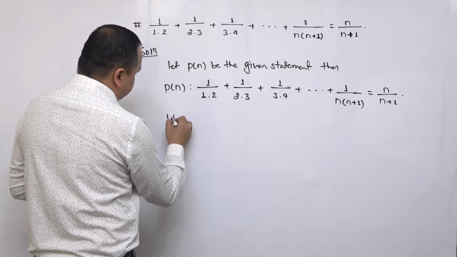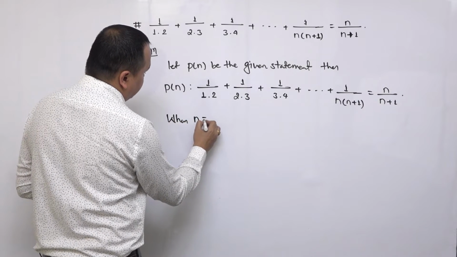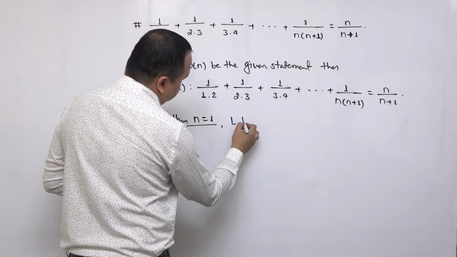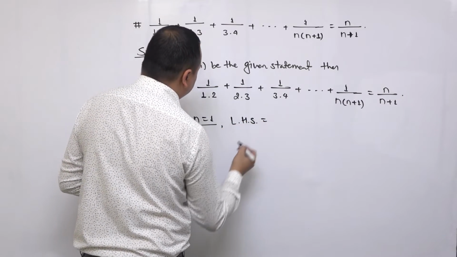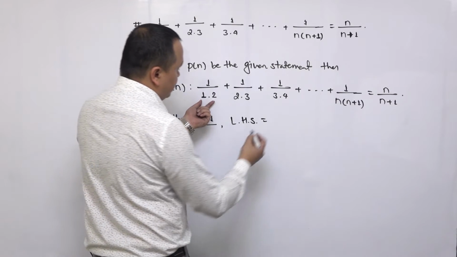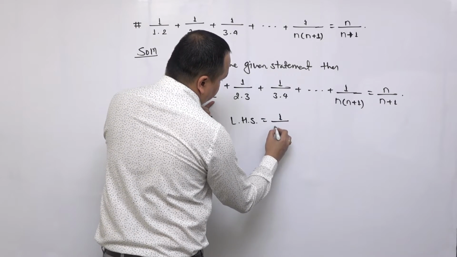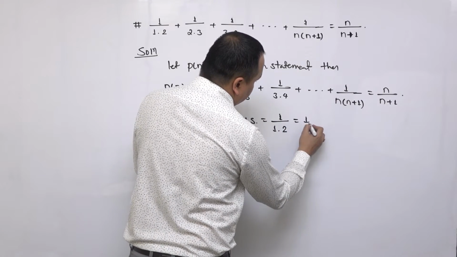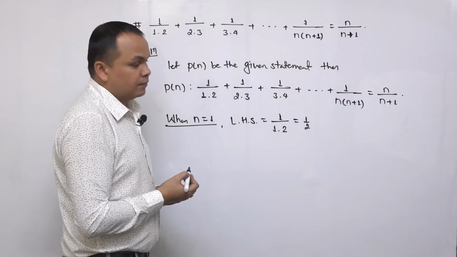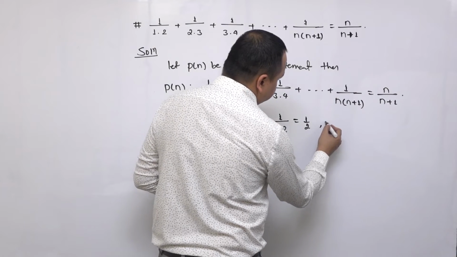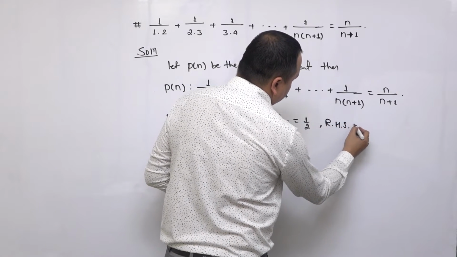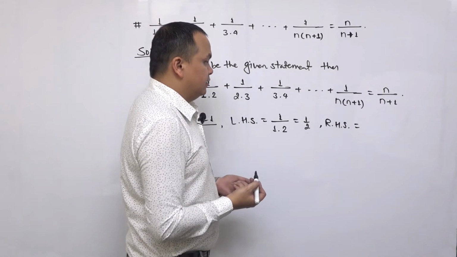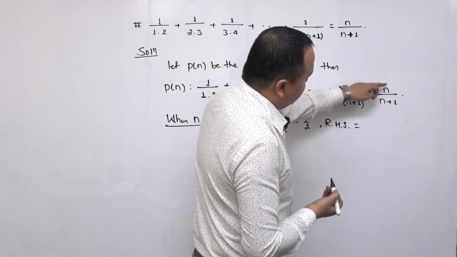When n is equal to 1, the left hand side is 1 upon 1 into 2, which is 1 upon 2. The right hand side, put n is equal to 1 in n upon n plus 1.